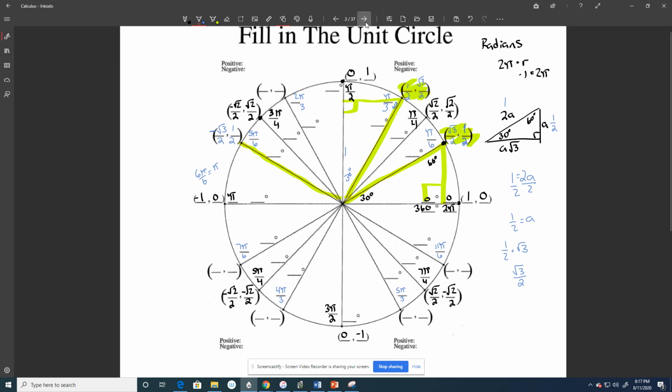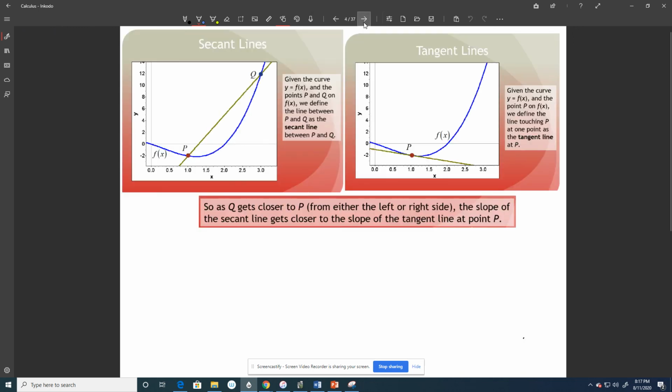But for now, let's move on to some new stuff this year. The first thing that I want to talk about, just kind of the starting point here, is our secant and tangent lines. And it may have been a while since you've seen those two words or used them. And in fact, when you saw them, you probably heard the word secant line when it was being referred to in a circle. And if you remember, a secant crossed the circle in two places.